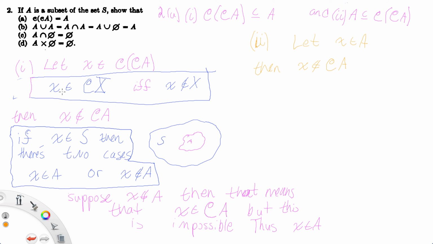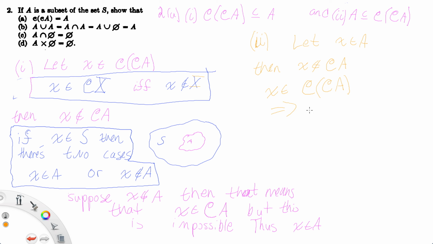Let me say that again. If x is in the complement of A, then x is not in A. And if x is not in A, then x must be in the complement of A. So if x is not in the complement of A, then x must be in the complement of the complement of A.